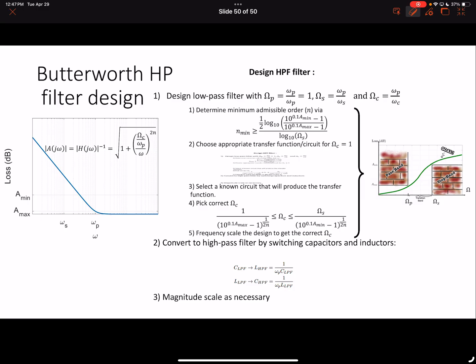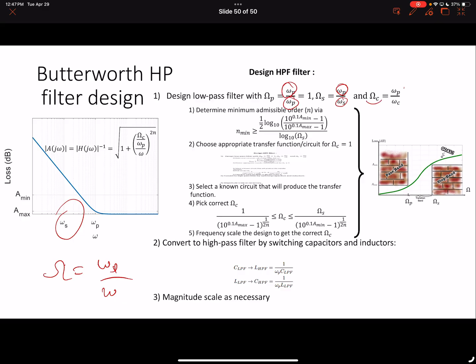So that's our Butterworth filter design. So we take our omega S, we find the capital omega S by basically the conversion omega p over omega. And so capital omega S would just be omega p over omega S. Capital omega p would be omega p over omega p, or 1.